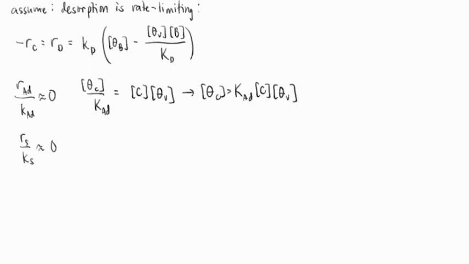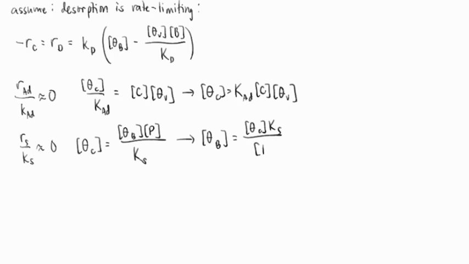For the surface reaction, we have concentration of theta C is equal to concentration of theta B times concentration of propylene over K sub S. We can derive from here the concentration of theta B, that is theta C times capital Ks all over concentration of propylene.